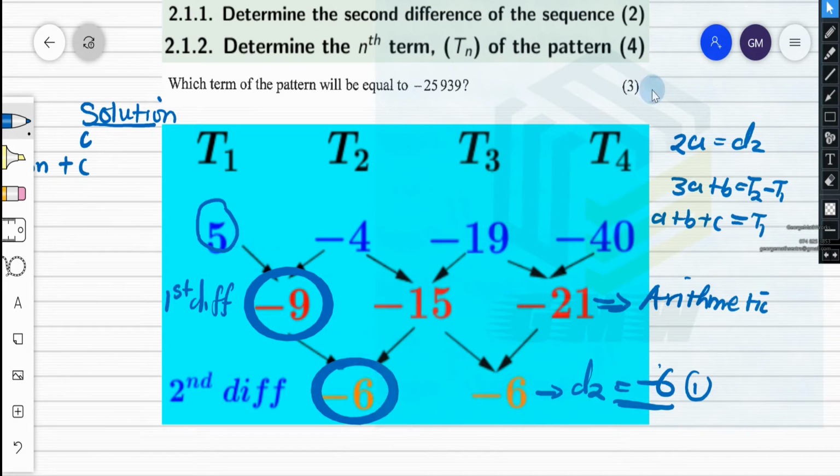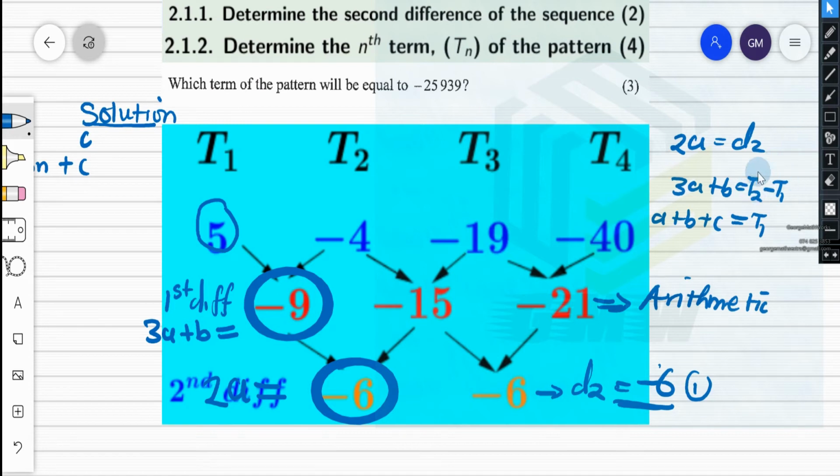So from this formula we have here, I can safely say that 2a is equal to this, which is my D2. Then here, I can also say that 3a plus b will be equal to T2 minus T1, which in this case is negative 9.